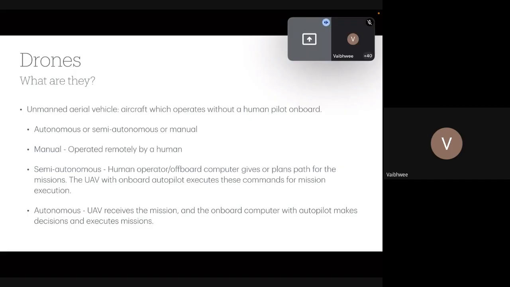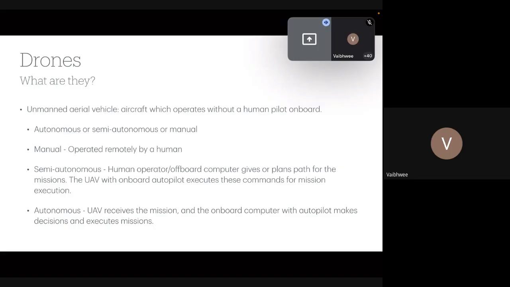But the point is, when this unmanned aerial vehicle is completely remotely piloted by a human, then it is known as a manually operated drone. So all the missions, all the flights, all the paths taken are decided by the human, and the commands are just passed on to the drone through remote signals.